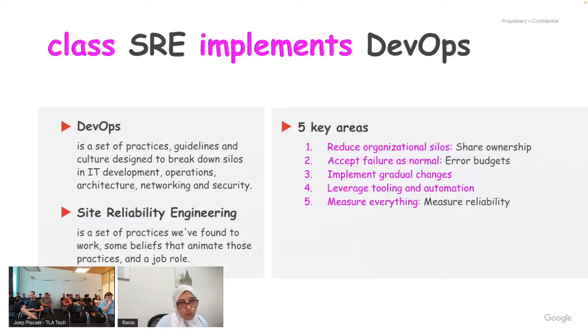So it's not only about uptime and availability, it's about everything, and that's why we need to measure everything, and you are able to do that using application-based metrics as well, not only system metrics.